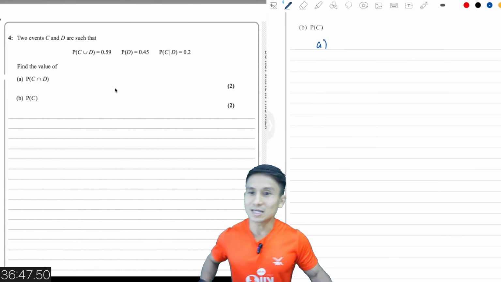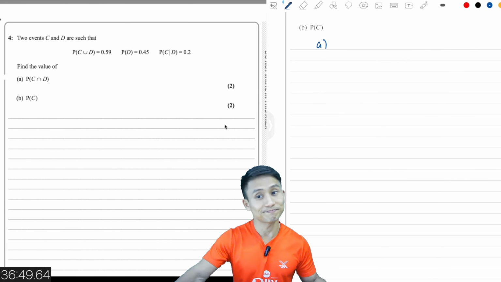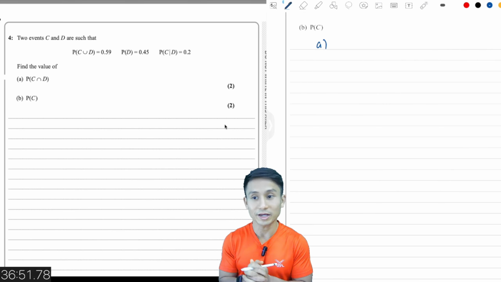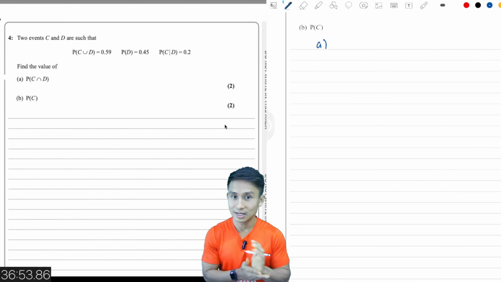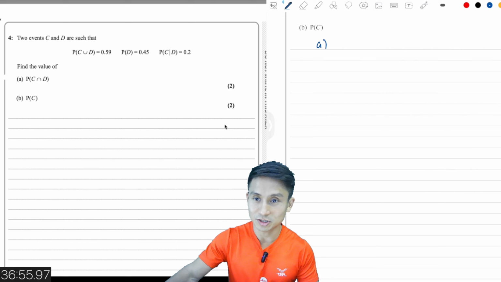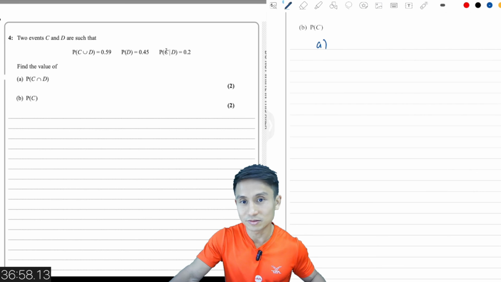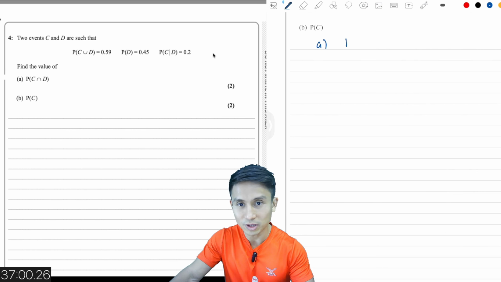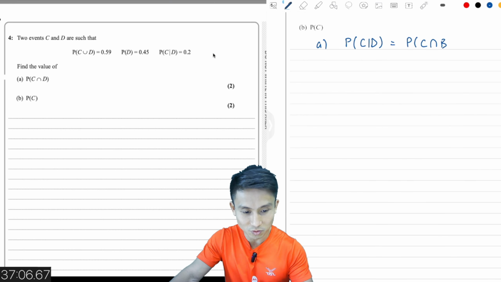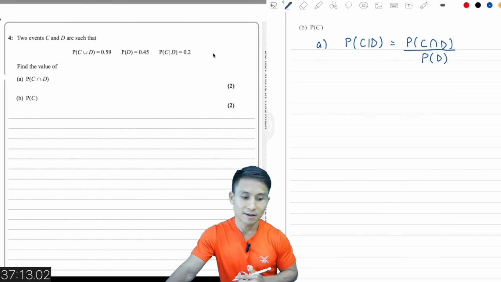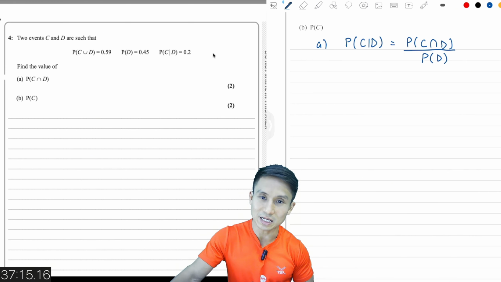Two events C and D are such that blah blah blah. Okay, find P(C intersect D). Well, yeah, let's just have a crack on the union and the intersect there. So, okay, we have also the conditional probability. We need to know from Bayes' theorem that this is P(C intersect D), which is what we want in the first part here, divided by P(D), right? Because it's given D. Okay, and we already know P(D).